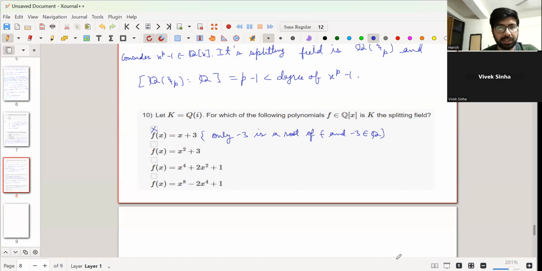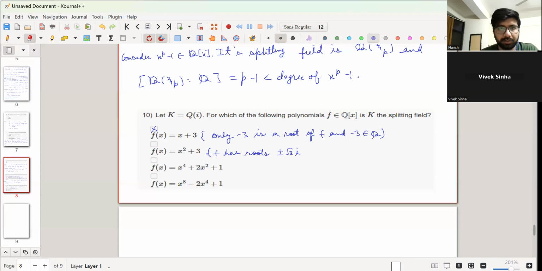Now x square plus 3. What's your take on that? f has roots plus or minus root 3 i, right?